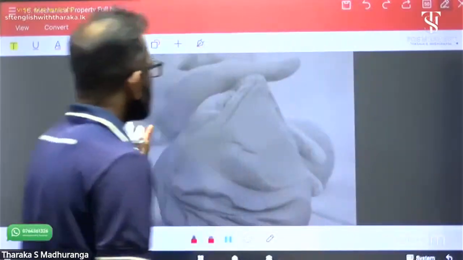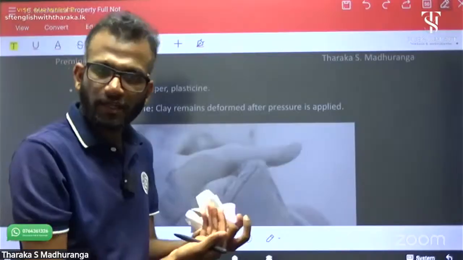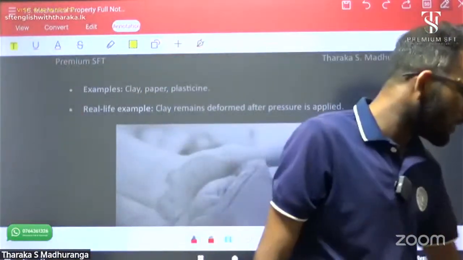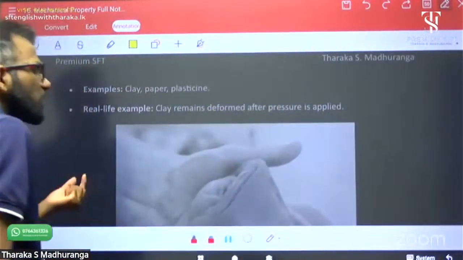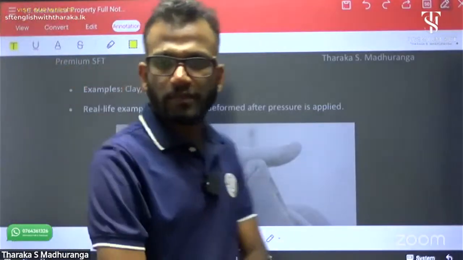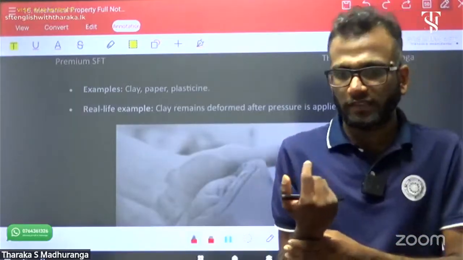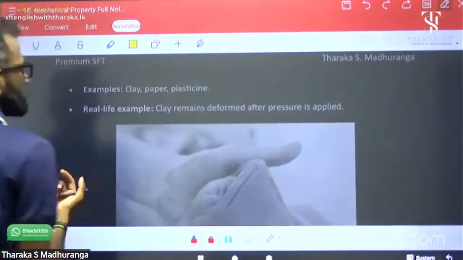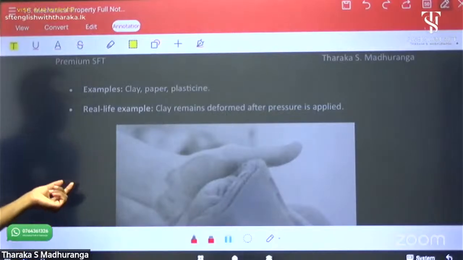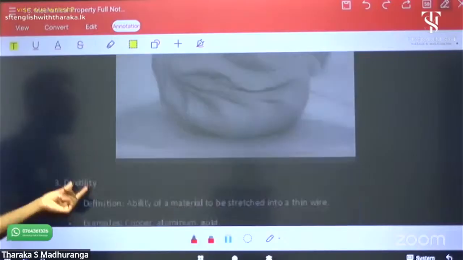No change. Take a cardboard piece and bend it. No reaction, it does not come back to its original position. I got the difference. That's the meaning of inelasticity or plasticity. Clay, paper, and cardboard.